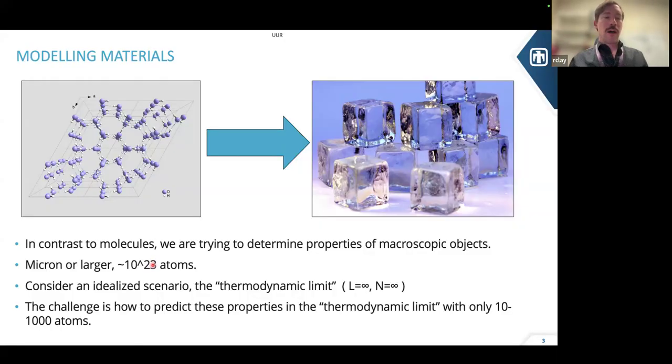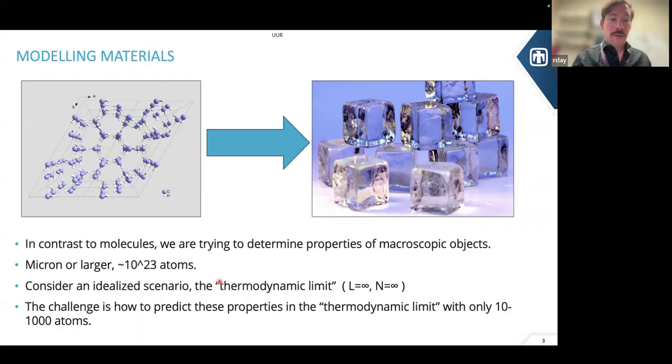And so, when we're dealing with these types of systems, we'll often ask what are the properties of this material in the thermodynamic limit? So, basically we say that a micron rounds up to infinity, 10 to the 23 rounds up to infinity. And so, what are the properties of the material in this limit?